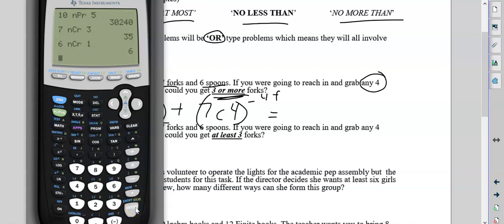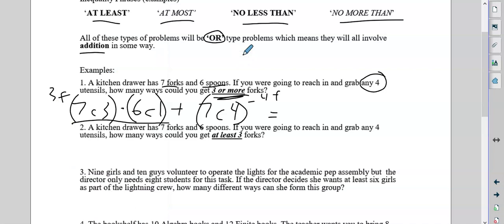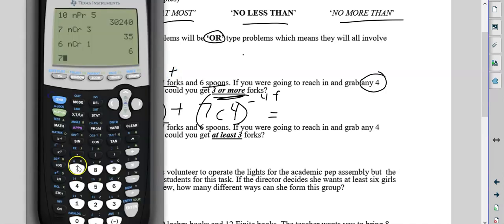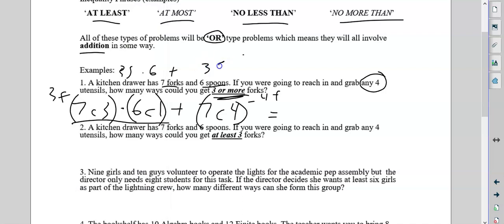So that's 35 and 6. So these two numbers here are 35 times 6. And then in the 7C4, this is all forks, 35. So when we do those, 6 times 35 plus 35, we get 245.